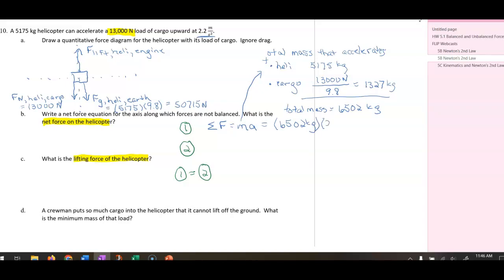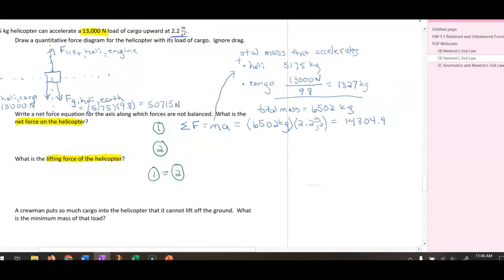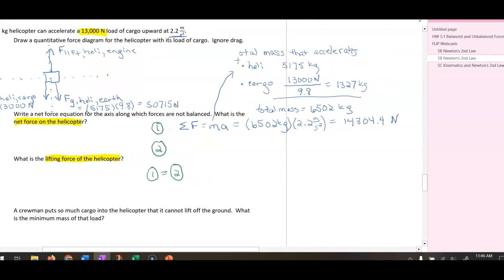It's 2.2 meters per second squared. And so when I multiply those two things together, I get that the net force is 14,304.4 newtons. That is one of the questions. That's the net force on the helicopter.